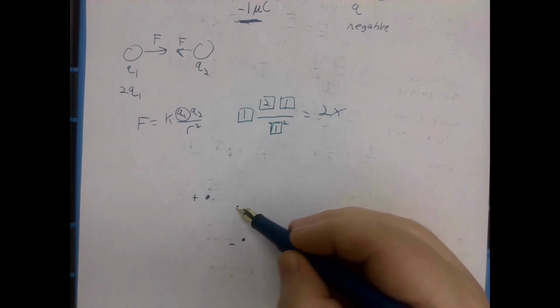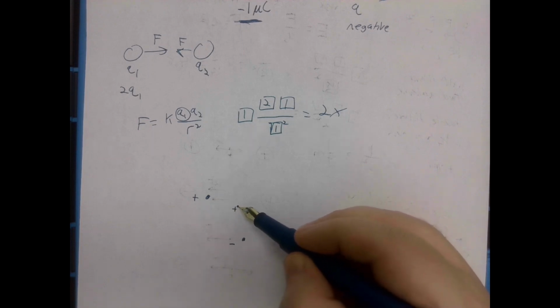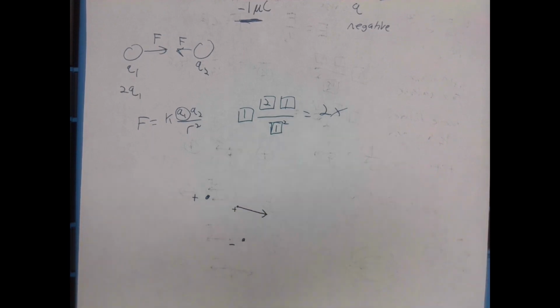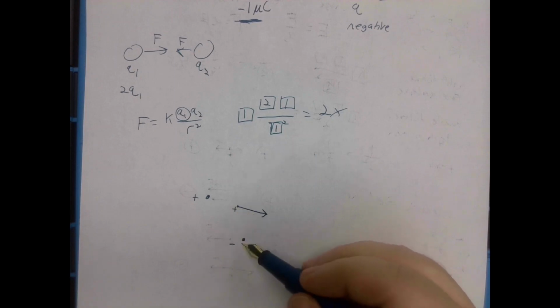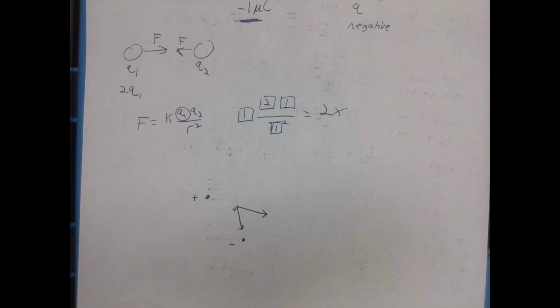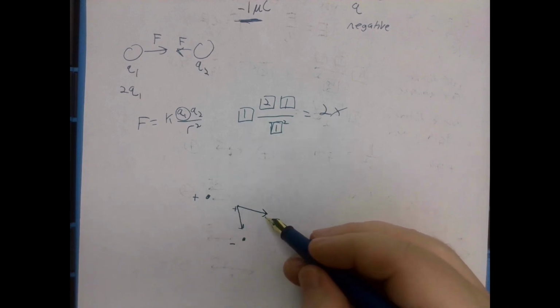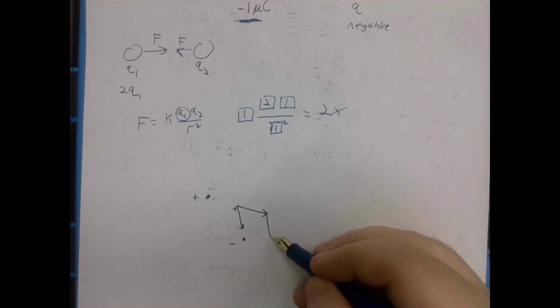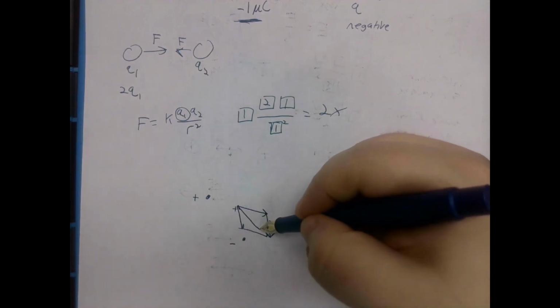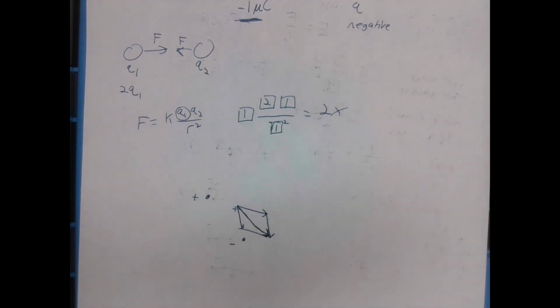We're assuming our test point is positive. So to positive, it'll be a straight line coming out. This is attractive, so it'd point toward it. And we add these vectors together, assuming they're the same charge, by drawing a parallelogram. And the new force will point in this direction, so down and to the right.